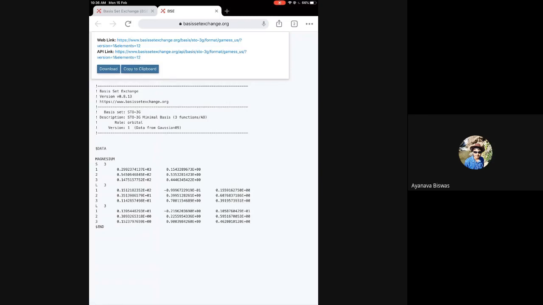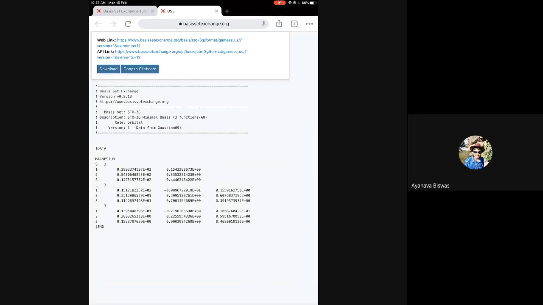exponent which is 0.299 times 10 to the power 3, and the, no wait, let's see which one is the contraction coefficient. According to the format, yeah, I think the exponents are the first number.